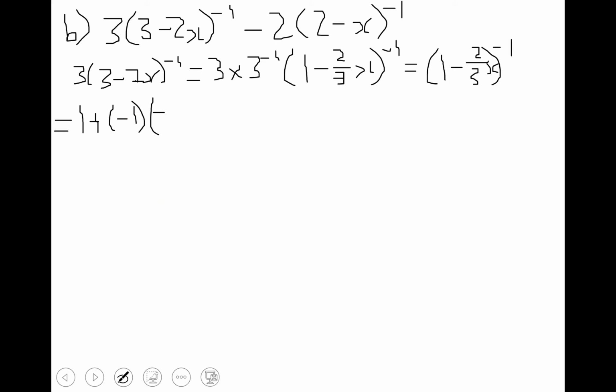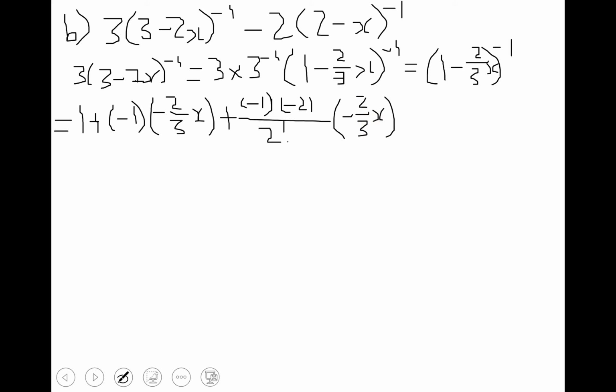Oops, missed the x there. Plus n times (n minus 1), so minus 1 times minus 2 over 2 factorial, times (minus 2/3 x) all squared.